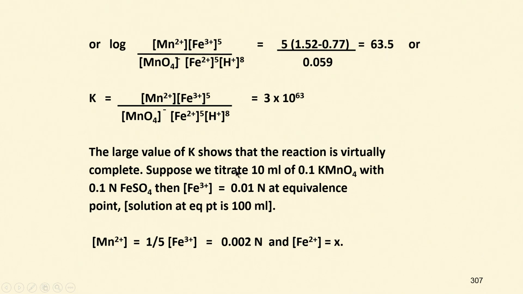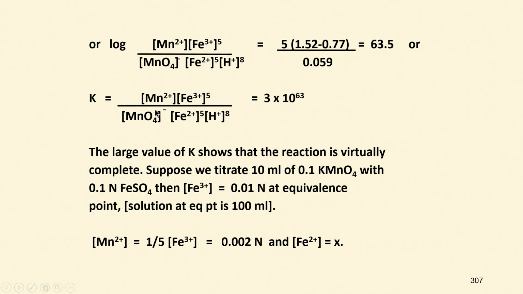Suppose we titrate 10 ml of 0.1 molar KMnO4 with 0.1 normal FeSO4, then Fe3+ would be 0.01 normal at the equivalence point. And the solution at the equivalence point is at 100 ml. So, I can write Mn2+ should be equal to 1/5 of that, which is 0.002 normal, and Fe2+ would be almost nonexistent.